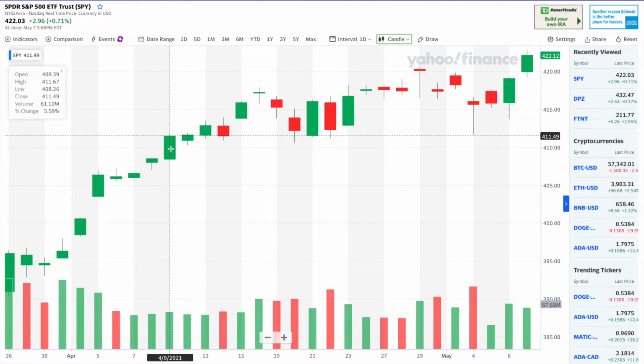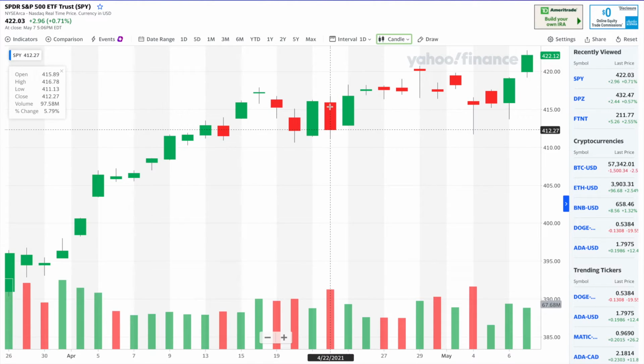How candles work is the green section is called the body of the candle, and these little lines at the top or bottom of the candle are called the wicks, hence the name candles or candlesticks. If it's green, that means it opened here at the bottom of the candle and closed here at the top. And the red candles, for example this one over here, mean the stock opened at the top of the candle and closed down here.